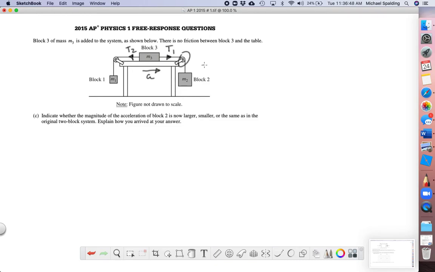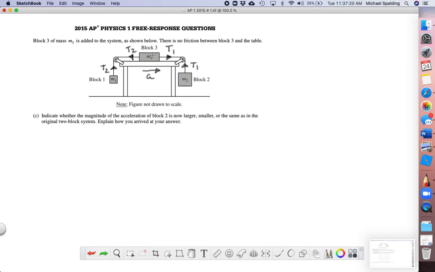If it's a massless pulley, then we're going to have T1 over here as well, acting on block number 2, and T2 on this side as well. So the tension is no longer the same throughout the string because we have this third object that needs to accelerate, and for block number 3 to accelerate to the right, T1 must be greater than T2.